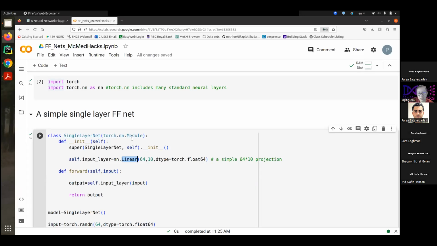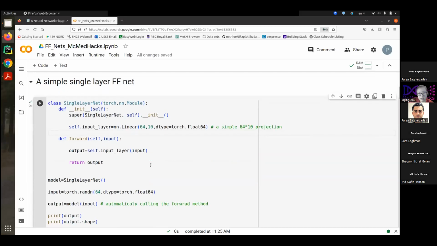Support vector machines explicitly model this error margin, but here we don't. I can explain more later on this, but right now we don't have any error margins.